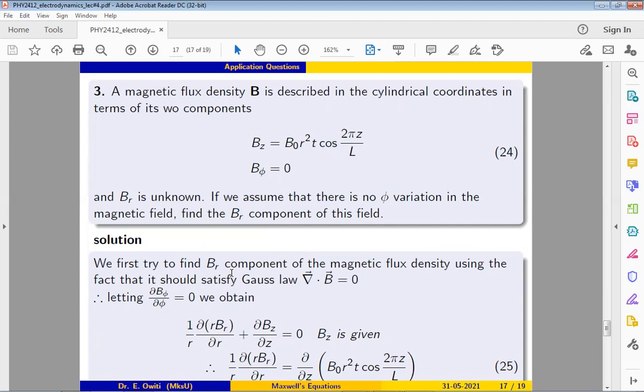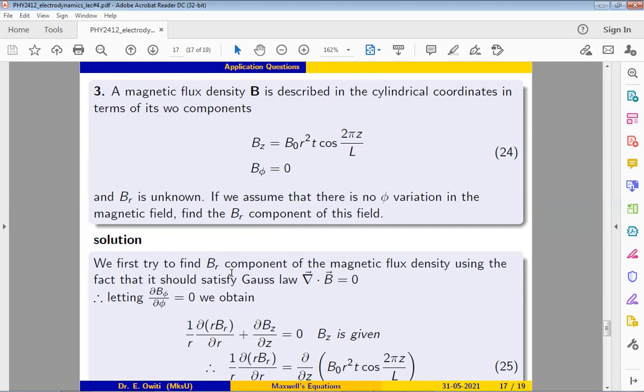Now, we first try to find the component BR of the magnetic flux density using the fact that it should satisfy Gauss law. Gauss law is very important because it means there are no magnetic monopoles, and so it must be satisfied that the divergence of B must always be equal to 0.